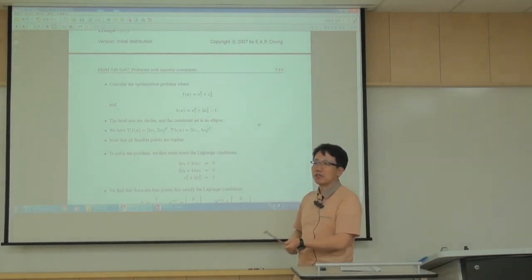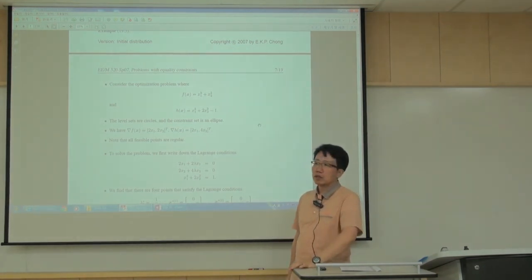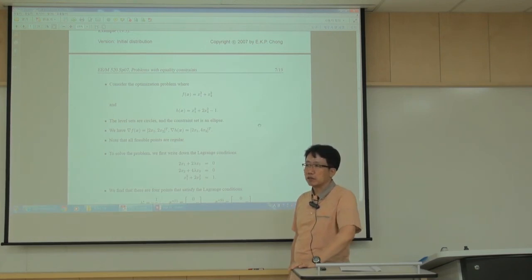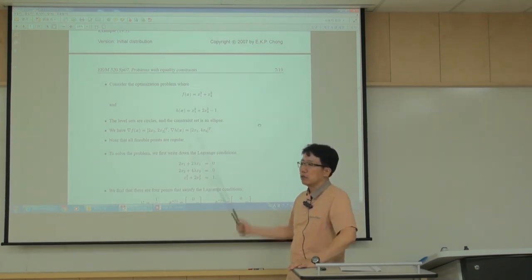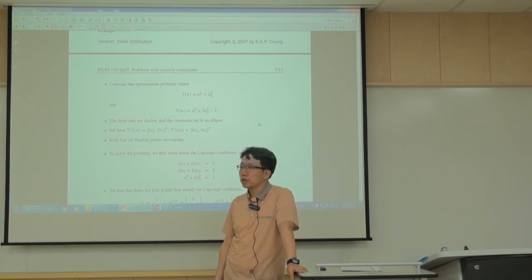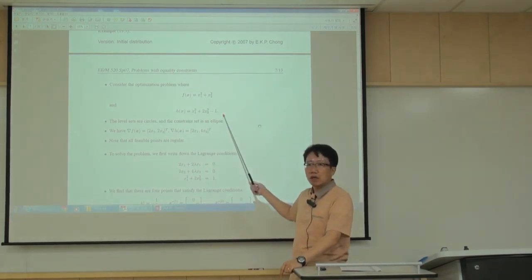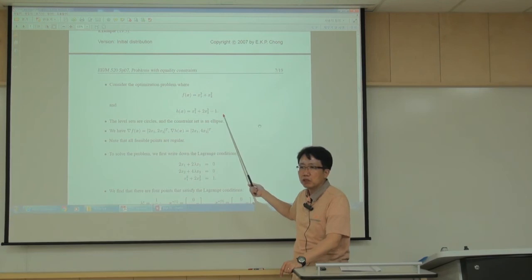What is the Weierstrass theorem? If you have a continuous function defined on a compact set, in Euclidean space, compact if and only if what? Closed and bounded. And this set h equals 0 is closed and bounded actually.